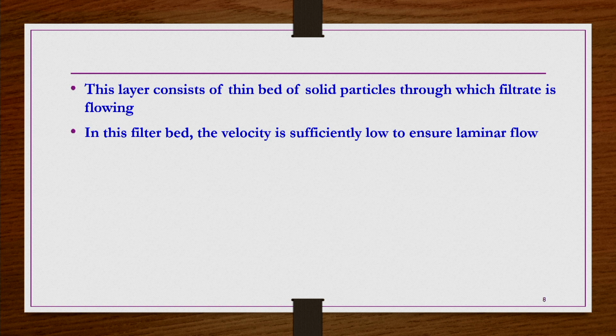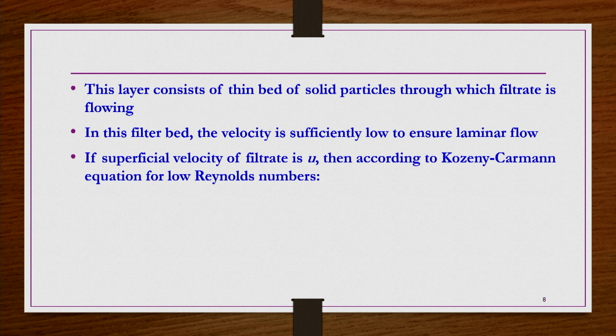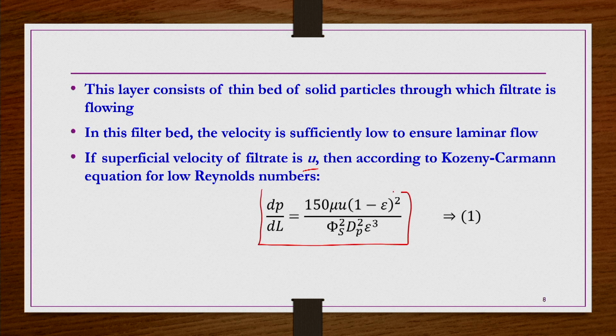So, in this filter bed the velocity is sufficiently low to ensure laminar flow, and if the superficial velocity of filtrate is u, then using the Kozeny-Carman equation for low Reynolds number flows, we have dP by dl equals 150 mu u (1 minus epsilon) whole square by phi s square dP square epsilon cube.